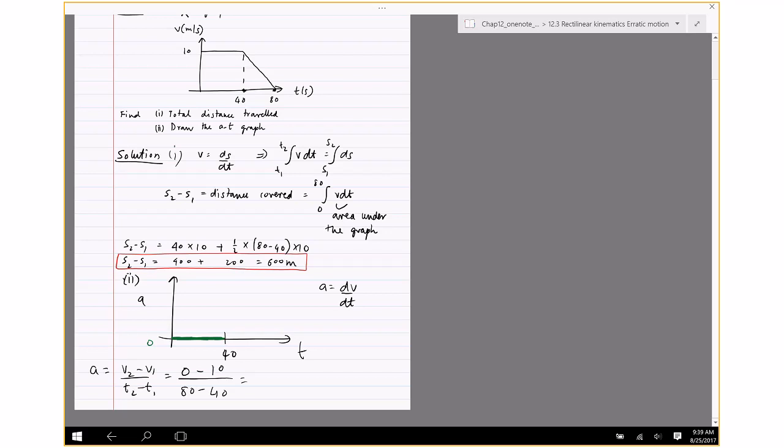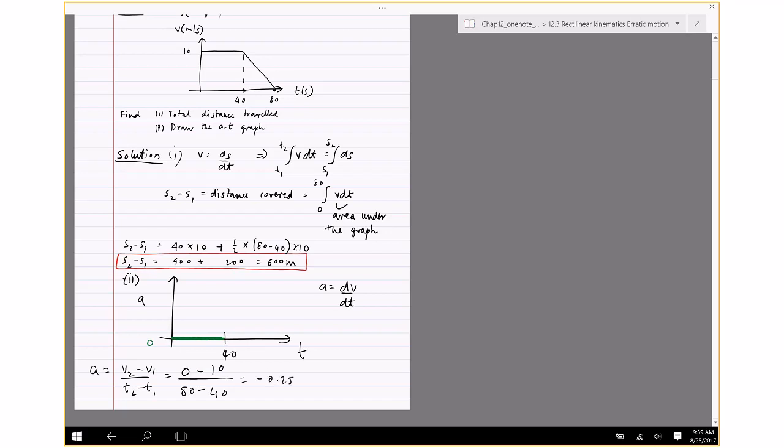So it doesn't matter. You can take v2 to be 40, the point where you have 10 and 40, and you'll get the same answer. The slope is independent of how you choose v2 and v1. So this is going to give me, I think 10 divided by 40, that's 0.25. So negative 0.25. Yeah.